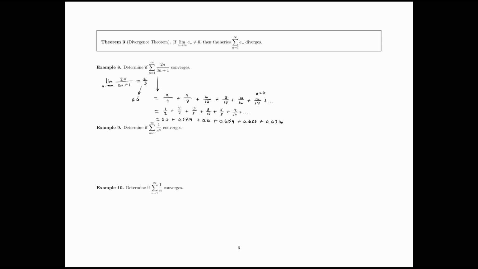We need, for the divergence theorem, we need the limit of the expression that we're adding up, our general rule. We need the limit of that as n goes to infinity to be 0, because we need our terms to get small enough quickly enough. So you don't need to do all this work down here, but the basic idea is not that far down the series, the terms basically become indistinguishable from 2/3.